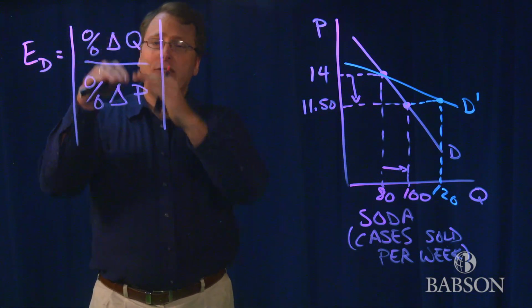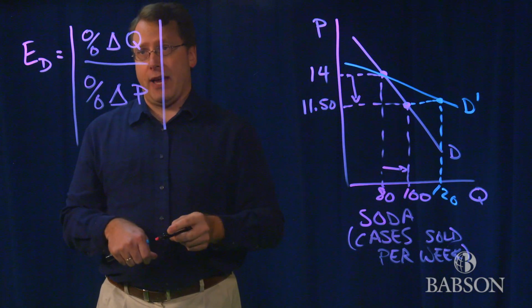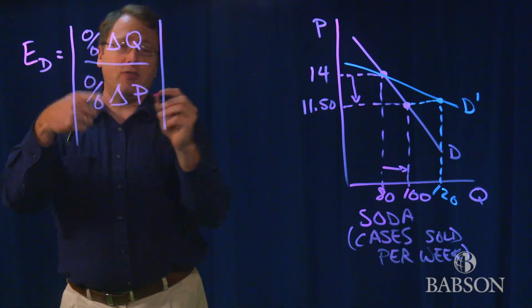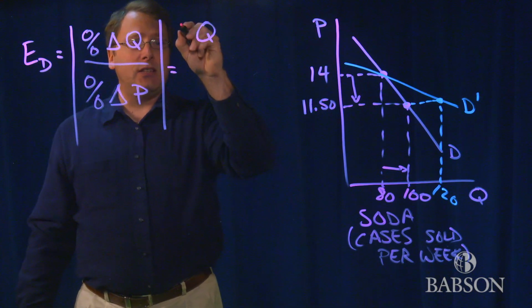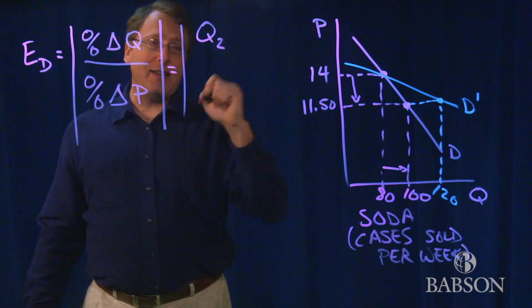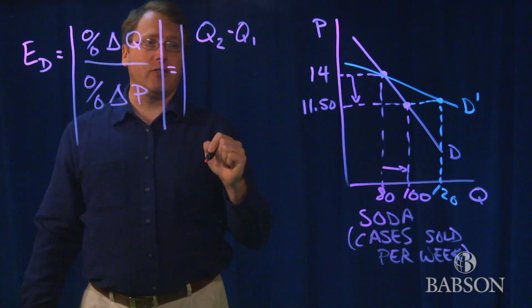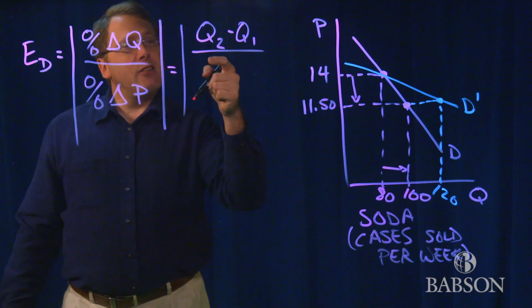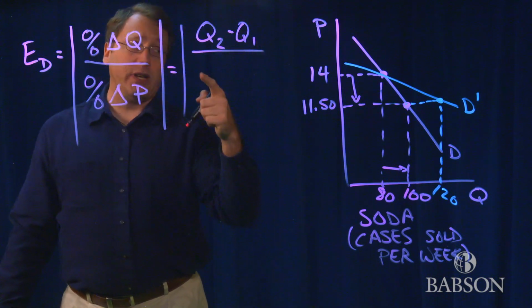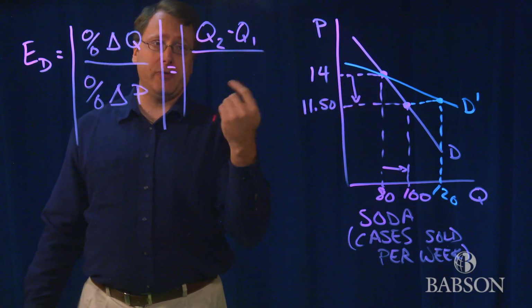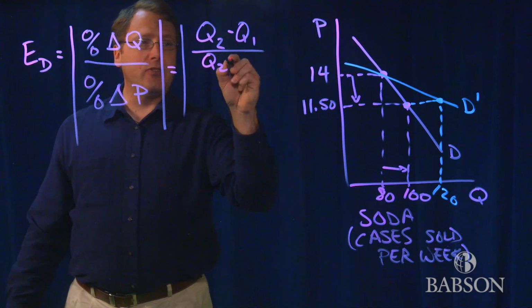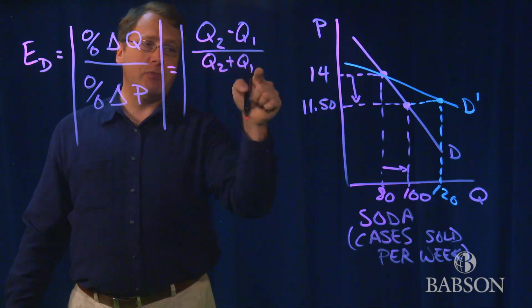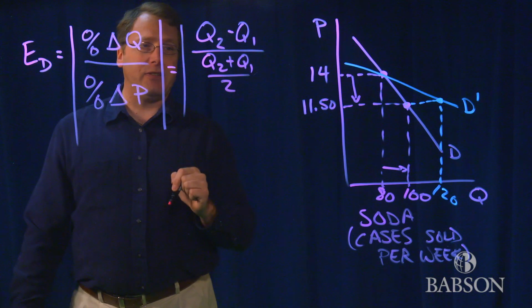Now, we calculate this in a very specific way. So the percentage change in quantity is really the ending quantity minus the starting quantity. And then we divide this by the midpoint, right? Halfway between those 2 points. So it's the sum of the two quantities divided by 2.